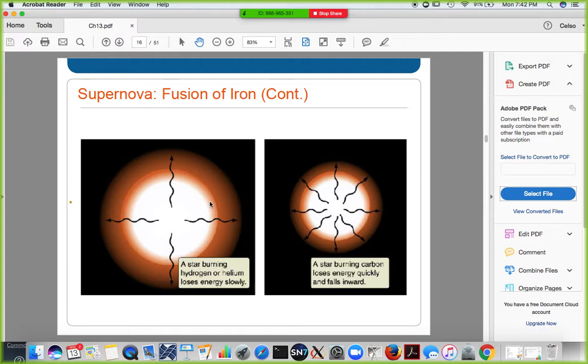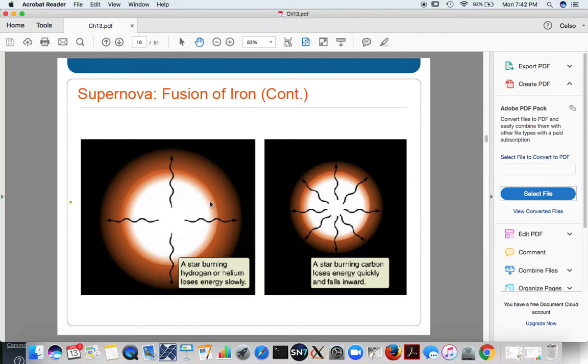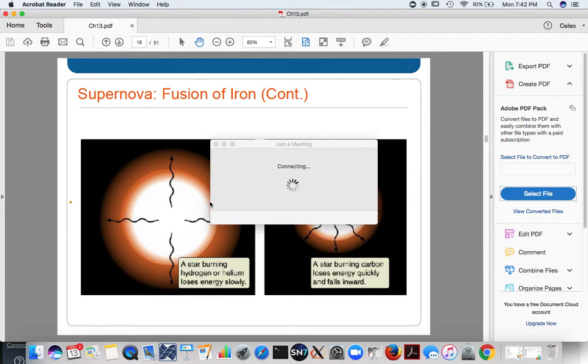So now you have an outward gas that rebounded off this stiff core, colliding with incoming material, and this crashing energy is so magnificent that it's enough to produce what astronomers call nucleosynthesis, and all the elements heavier than iron are formed in this brief amount of time.